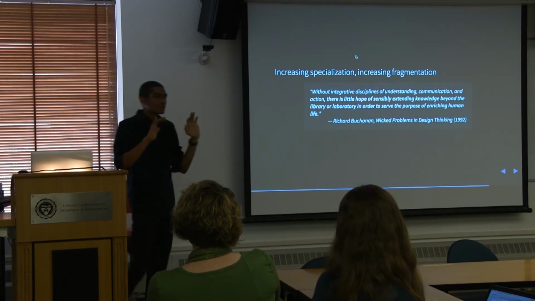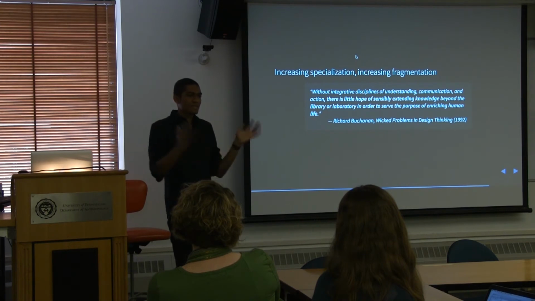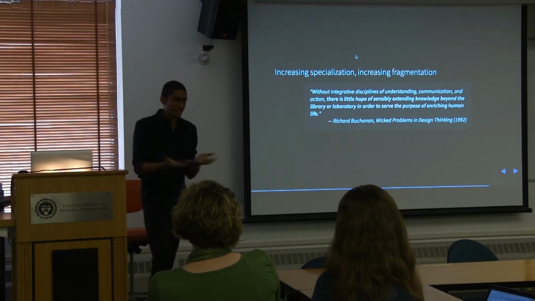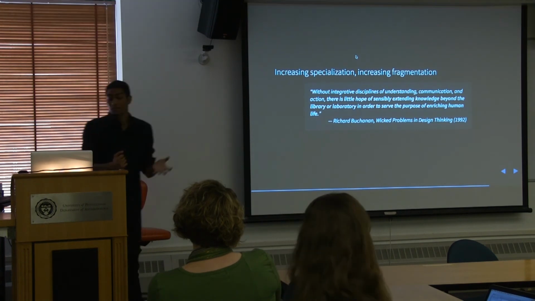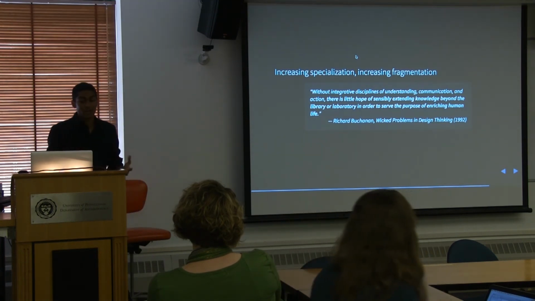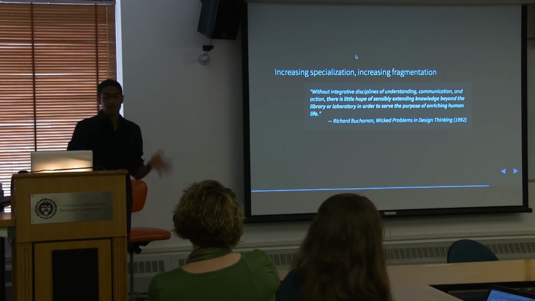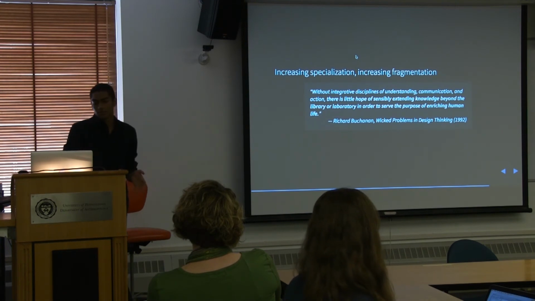But what it leads to is fragmentation across the liberal arts, that you can't integrate across them. He says, without integrated disciplines of understanding, communication, and action, there's little hope of sensibly extending knowledge beyond the library or laboratory in order to serve the purpose of enriching human life.